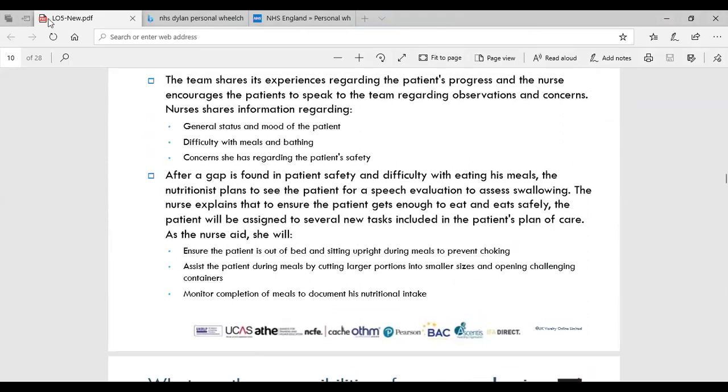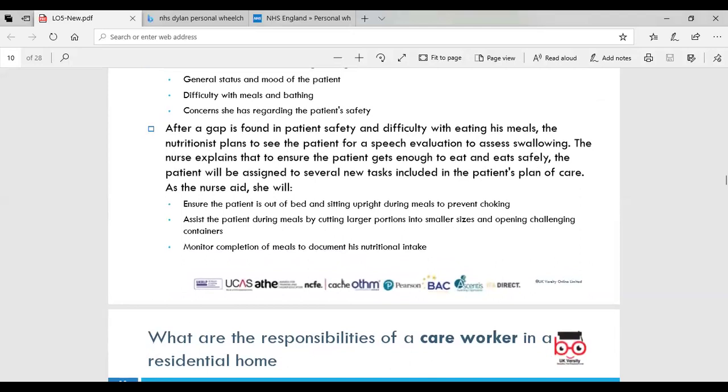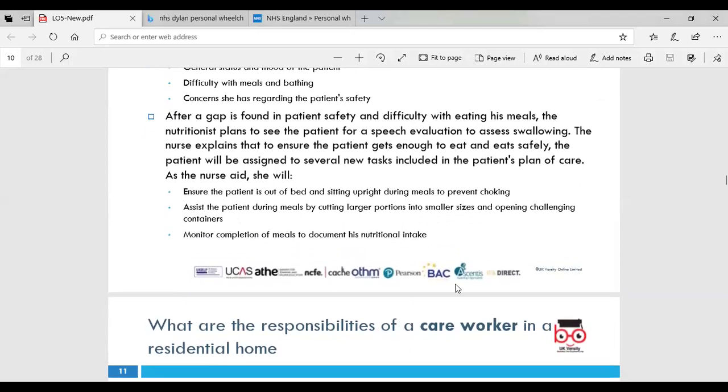Want to discuss anything about it? Can you come again? I'm asking, what are the responsibilities of a care worker in a residential home? Anyone has the experience? Can you share that with me?